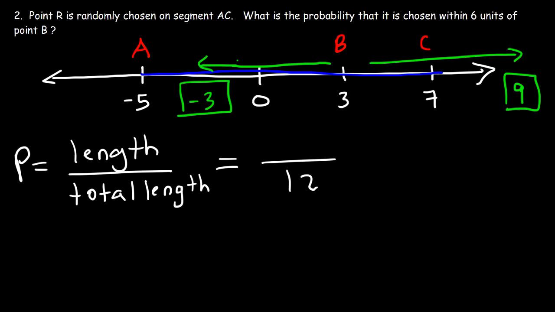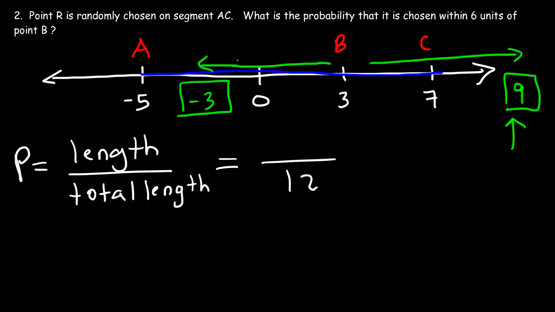However, point R has to be on segment AC, and 9 is outside of segment AC. So you can't say that we want to choose a point that is 6 on the left and 6 on the right, because we have to stop at point C.